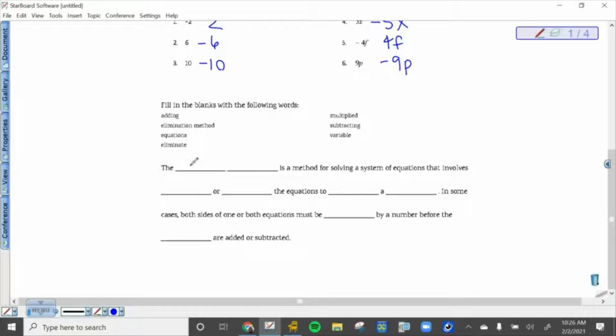All right, and now this is just the definition for the elimination method. So I'm just going to go through it, and you can see how many you guessed right. The elimination method is a method for solving a system of equations that involves adding or subtracting the equations to eliminate a variable.